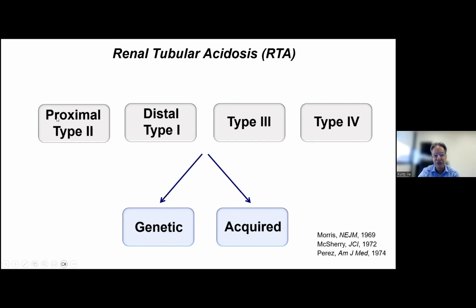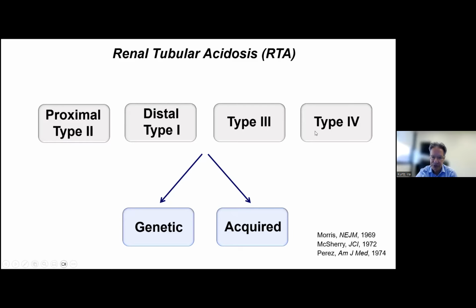So there's type 2, which is the same thing as proximal RTA, distal RTA, or type 1. Type 3 is a combination of type 1 and 2. And type 4 really refers to hyperkalemic RTAs that are all distal. There's no hyperkalemic proximal RTAs.